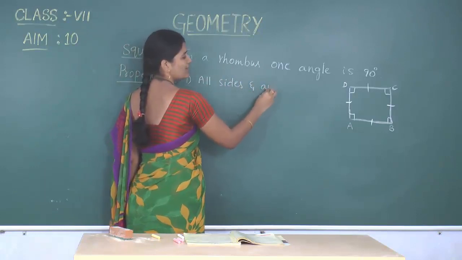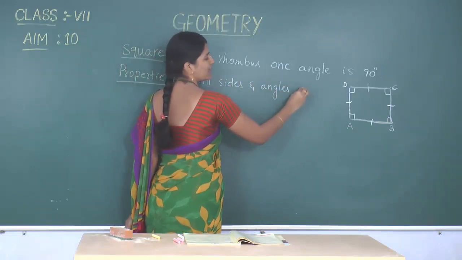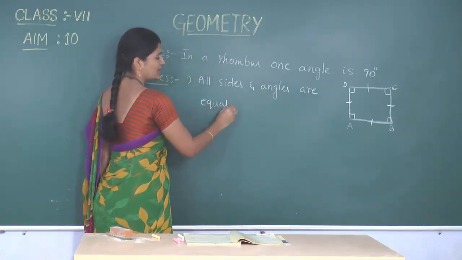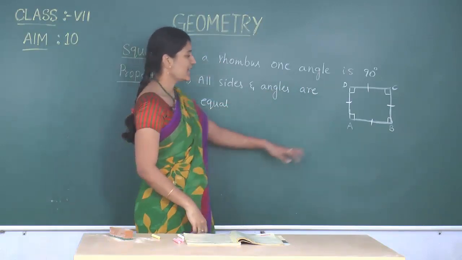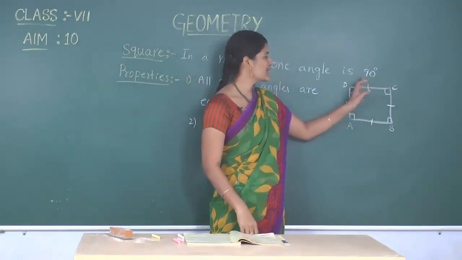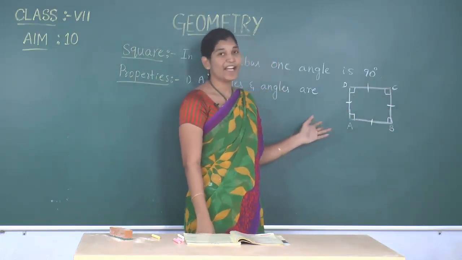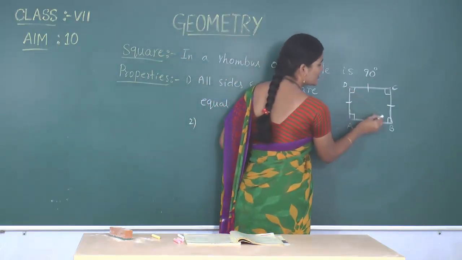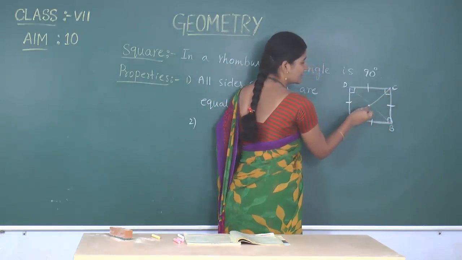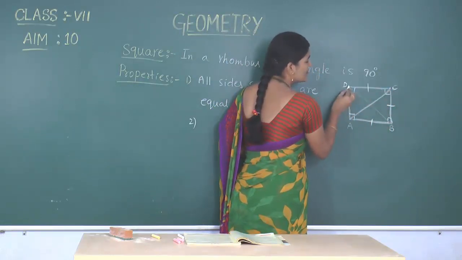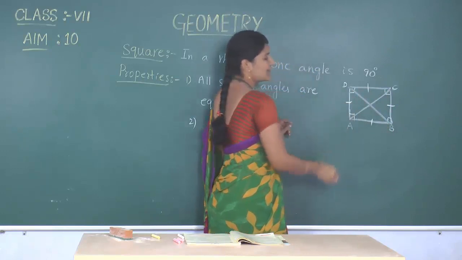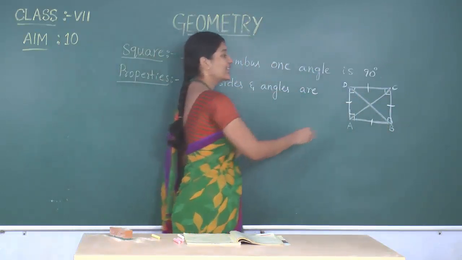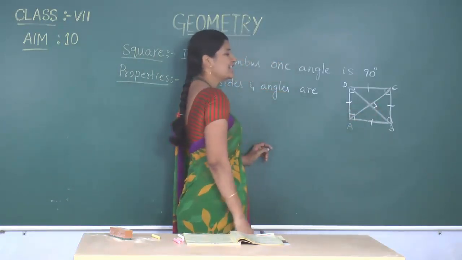All sides and angles are equal, which means AB is equal to BC is equal to CD is equal to AD. And here also in square we can draw two diagonals. Here also those two diagonals are equal and they bisect each other at a right angle.